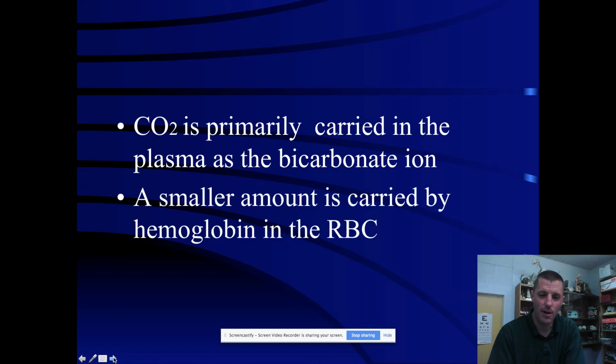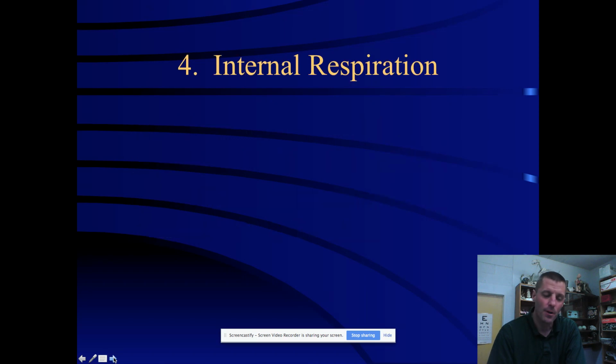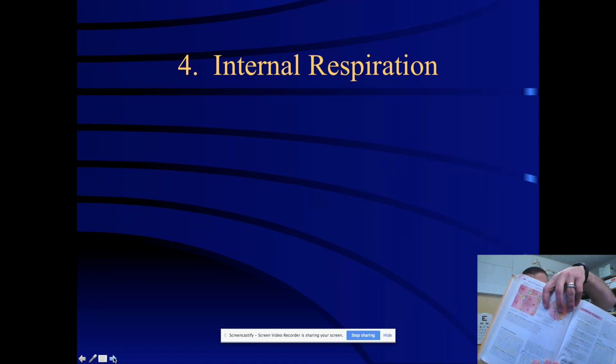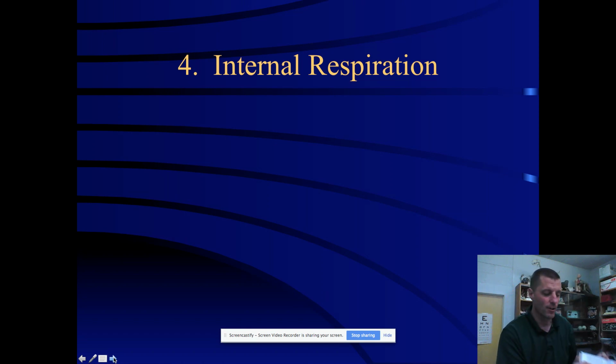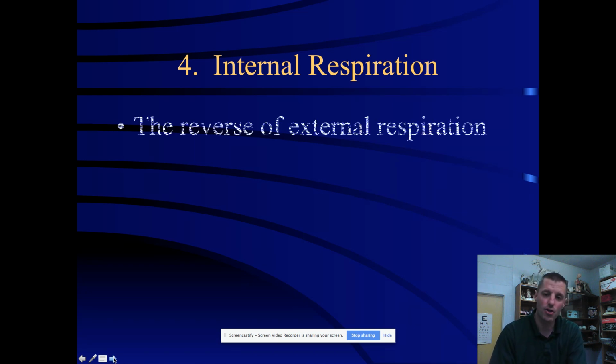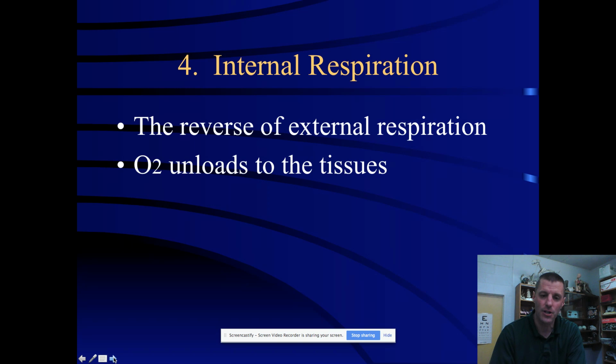Carbon dioxide gets carried mostly in the plasma. Most of the oxygen gets carried in the red blood cells, attached to hemoglobin. Internal respiration now is very similar to this, except now we're talking about the tissue side and the blood side instead of the alveolar side and the blood side. So it's the same kind of exchange, but it's occurring out at the tissues.